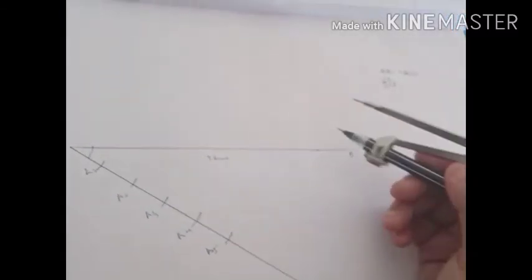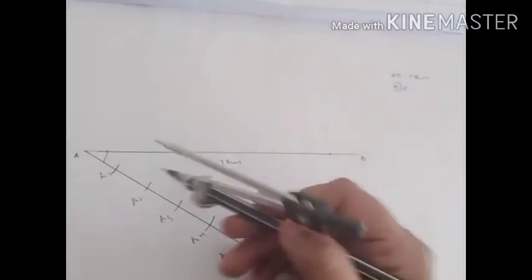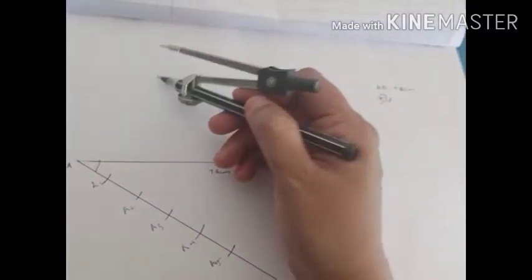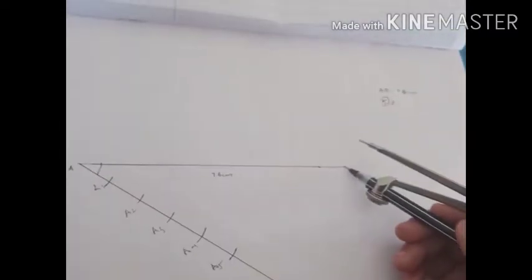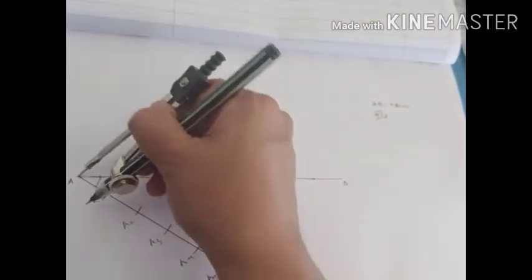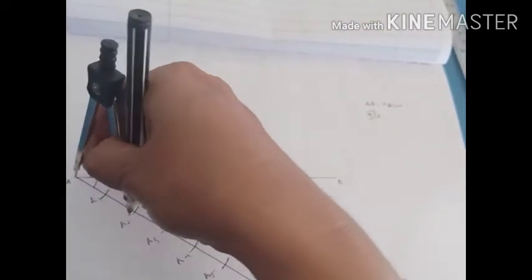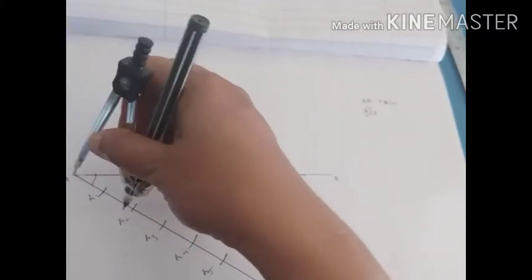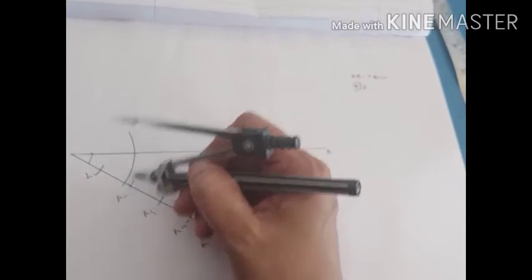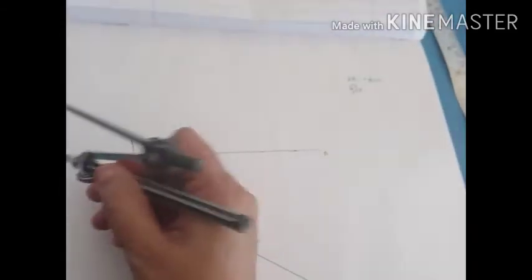The next step is we have to draw a line from B upward, but that angle is also an acute angle and equal to this measure. So we draw an arc from A by taking any radius, but that arc should intersect AX and AB.